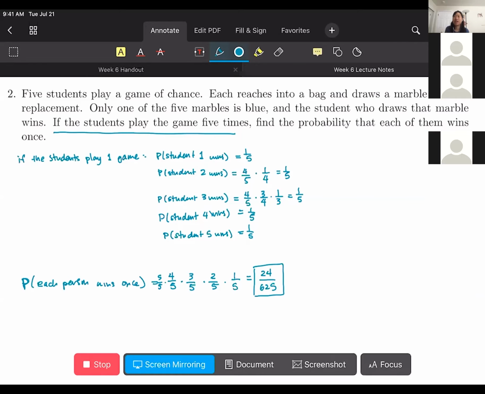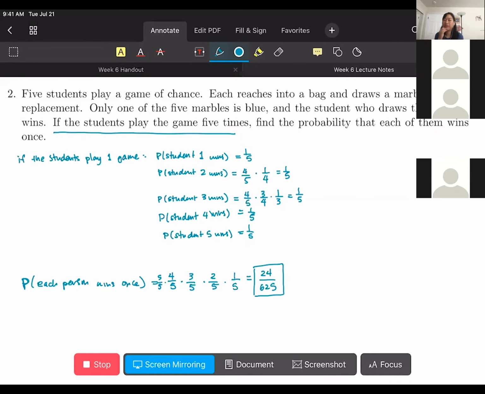And in the first game, that's going to be 1, or 5 out of 5. And so this is another example of dependent probability, because the probability of each subsequent student winning depends on what happened previously. And so that's why we have 5 times 4 times 3 times 2 in the numerator.